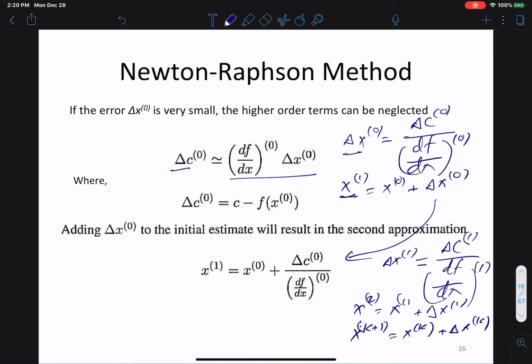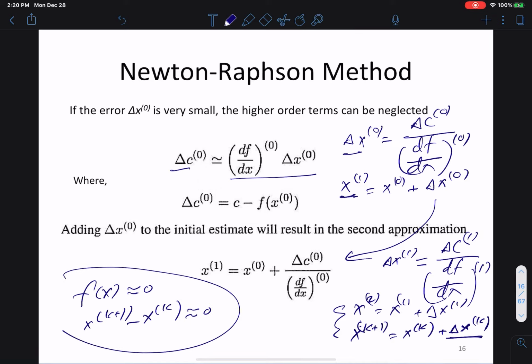So your goal is to find delta x, the mismatch between the actual solution and the estimate. When you have two solutions close to each other, or your function value becomes 0, you reach the solution. Either your function value is close to 0 or the difference between your two solutions is close to 0. If any of these conditions is met, it means you reached the solution, right?